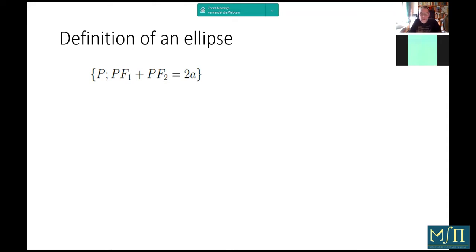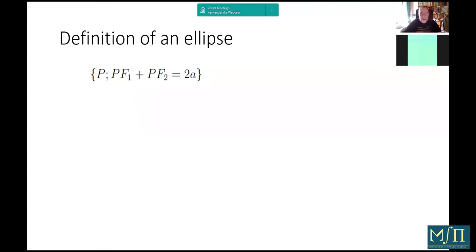For certain proofs, analytic methods are much easier. So it is, of course, advantageous to show that the various definitions of the ellipse are all equivalent, and that we always get the same curve, no matter whether we use this definition or the conic section definition or the analytic definition. They'll always lead to the same point set. So it doesn't really matter where we start.